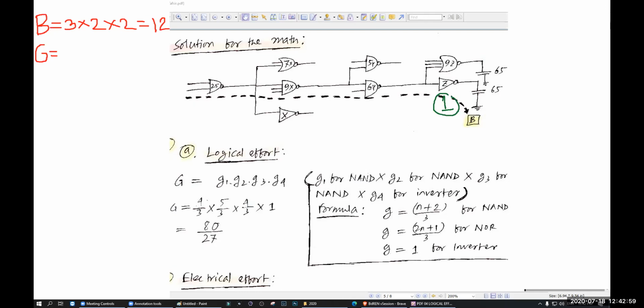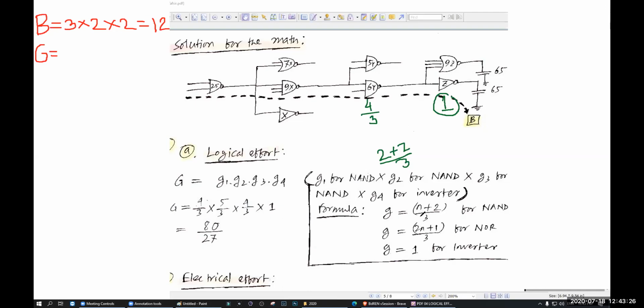Now this is what? This is NAND gate. NAND gate is equal to what? Remember, n plus 2 divided by 3. What is n? N is actually number of input. So 2 plus 2 divided by 3. So how much? 4 by 3. Okay? For this one, this is NAND gate.